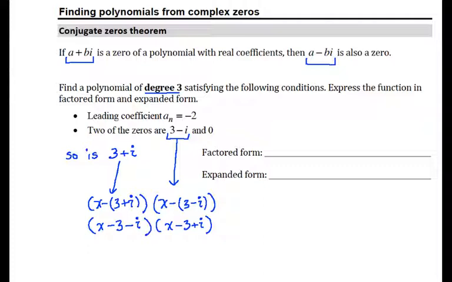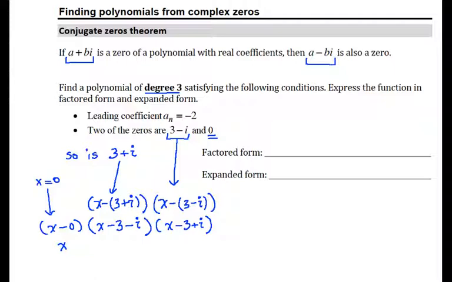We have one more zero here, which is actually the number 0. So x equals 0 is our last piece of information. This is going to give us the factor x minus 0, which of course is the same thing as just x.